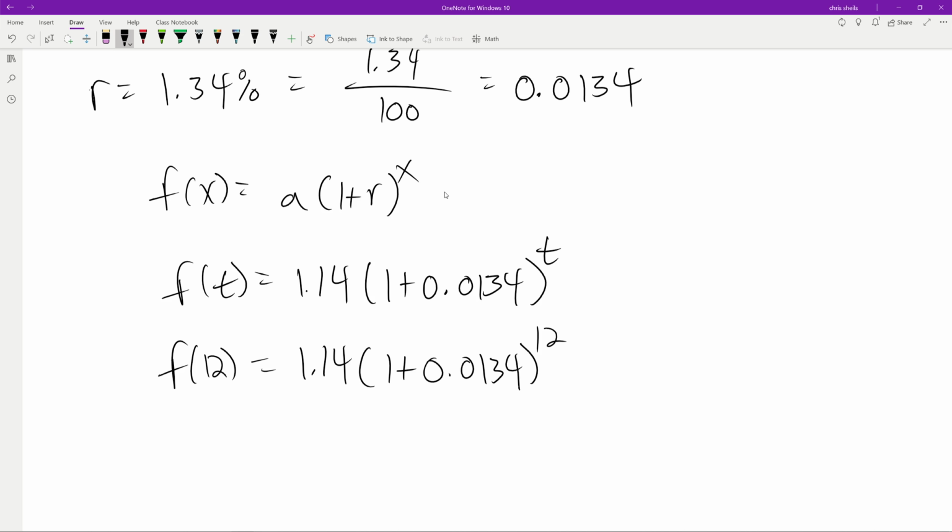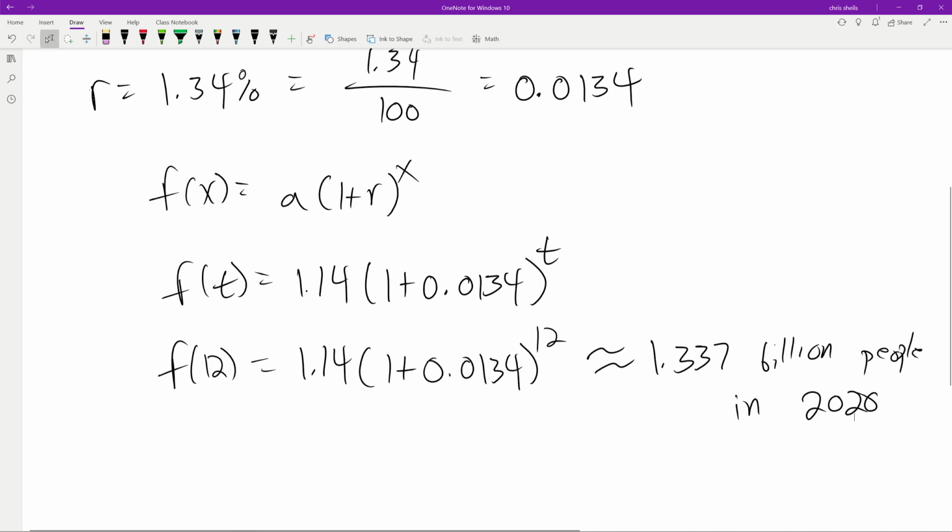And if I plug this into my calculator, I get about 1.337 billion people in 2020. And this is actually pretty close. This is a pretty accurate estimation.